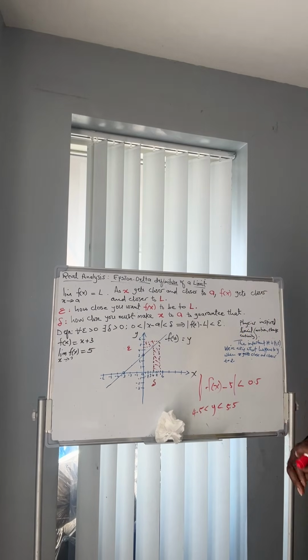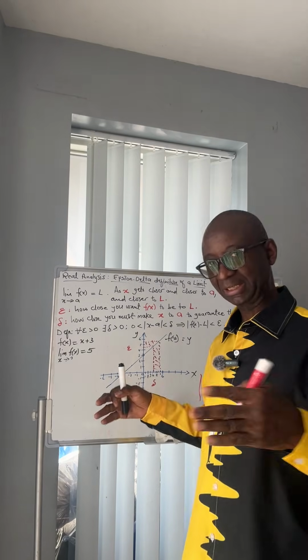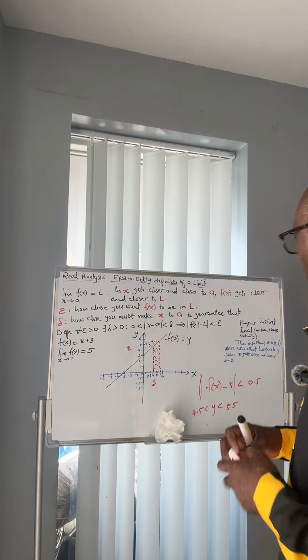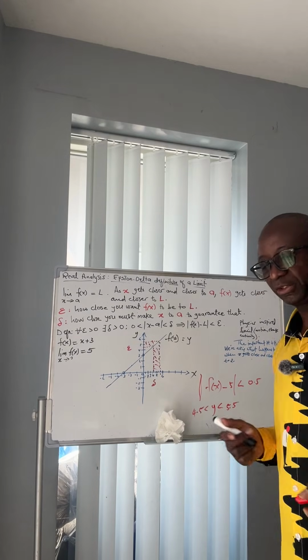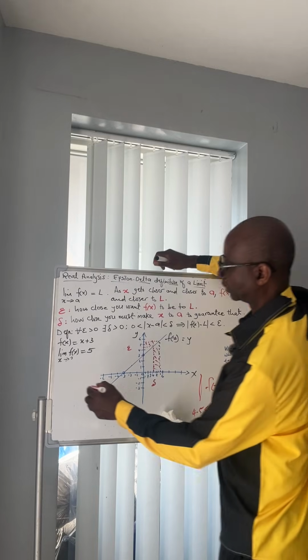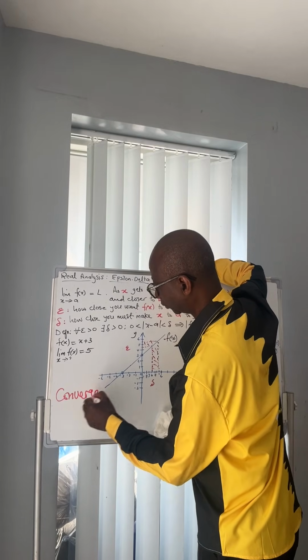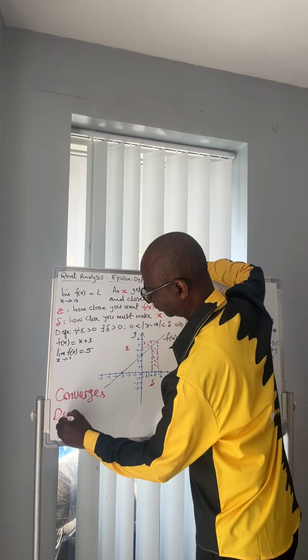Our next videos will be proving limits of functions, because that is our target, to tell whether a function is continuous or not continuous. We're going to see whether a function converges or diverges.